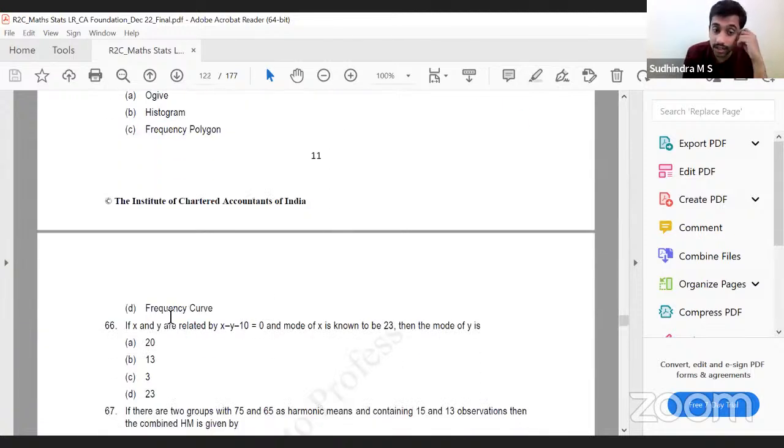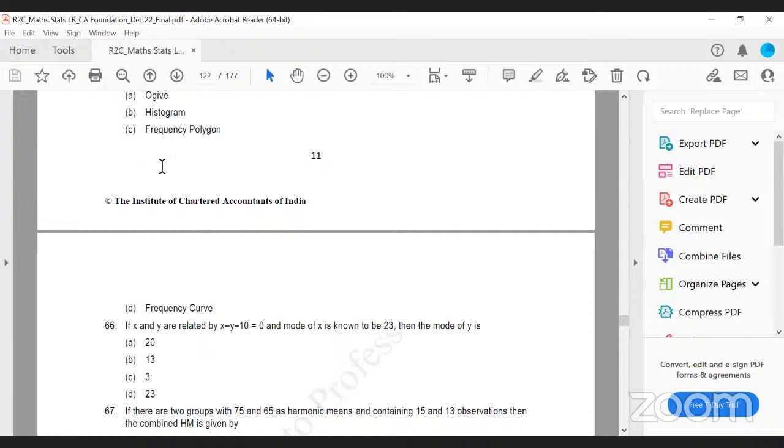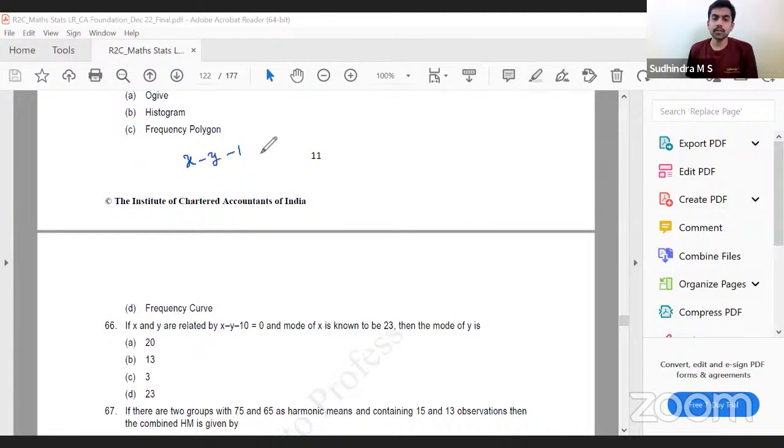If x and y are related by x minus y minus 10 equals 0 and mode of x is known to be 23, what is the mode of y? I have to express it in the form y is equal to a plus b into x. So I send y to the other side and get y is equal to x minus 10.